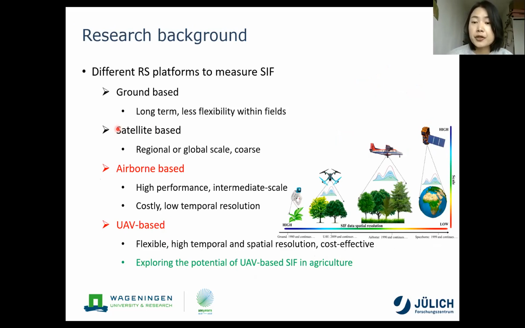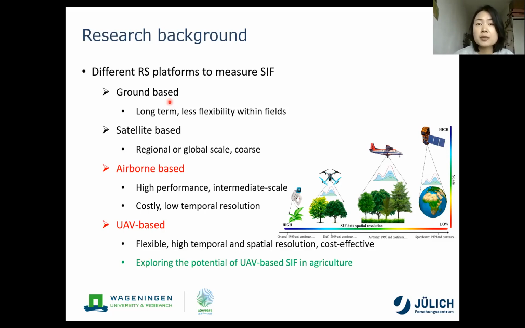Currently, there are different remote sensing platforms to measure crop SIF. The first one is ground-based, like tripod-based or tower-based. These platforms can provide SIF for the long term at a very high temporal resolution. However, they lack flexibility to measure SIF within the field.